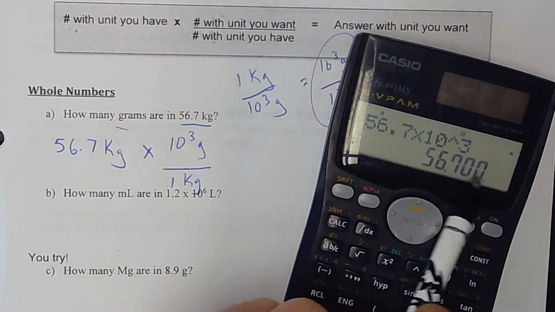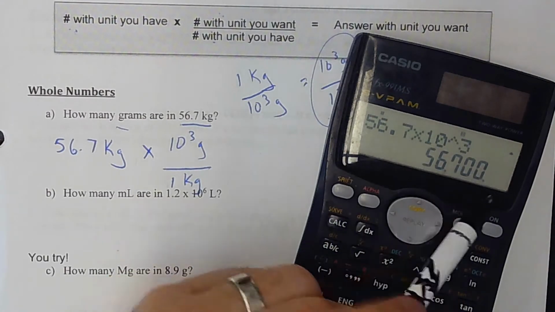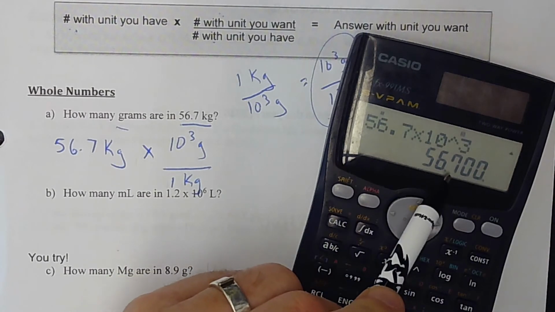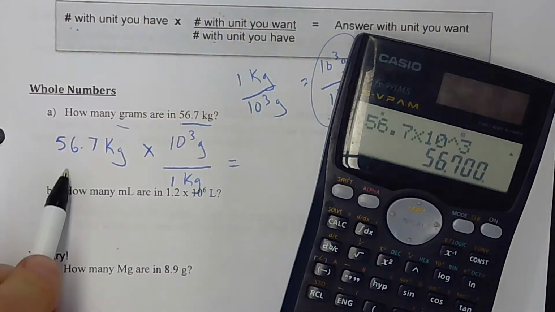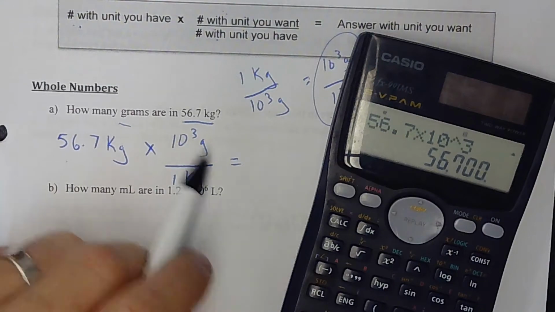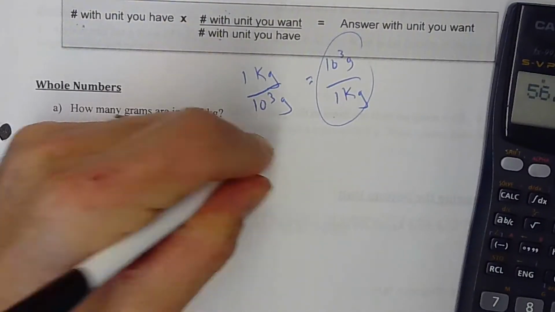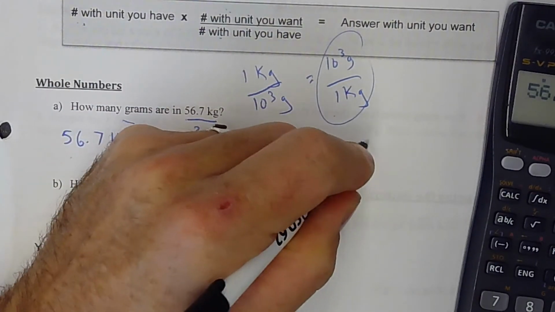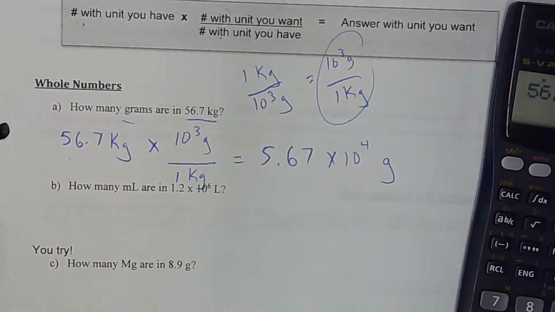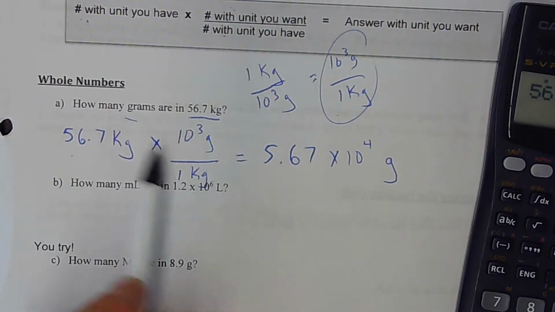What is it? 56,700. Turn it into scientific notation. We jump 1, 2, 3, 4. And our sig figs: 3 sig figs in the question. These have an infinite number of sig figs, so 3 sig figs in the answer. So it's going to be 5.67 times 10 to the 4 grams. We notice when we're doing this, we know we have the right conversion factor when the units cancel properly.